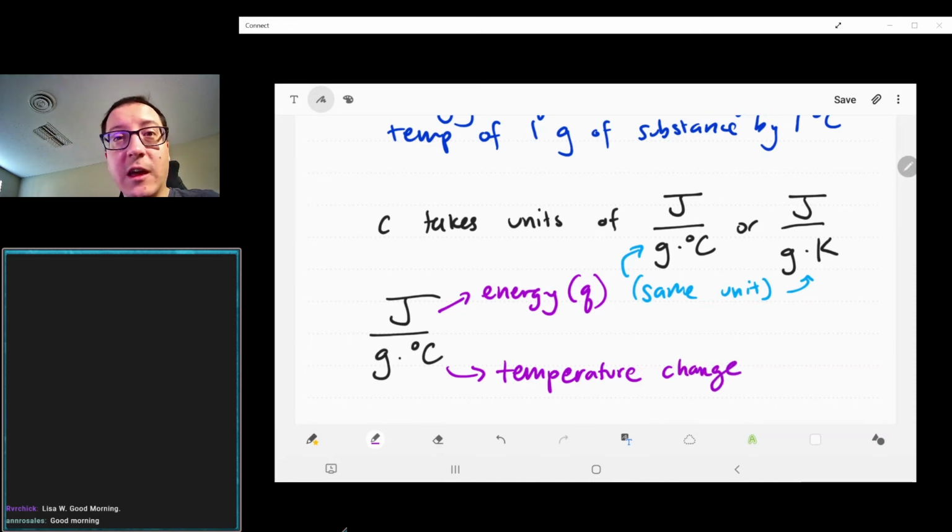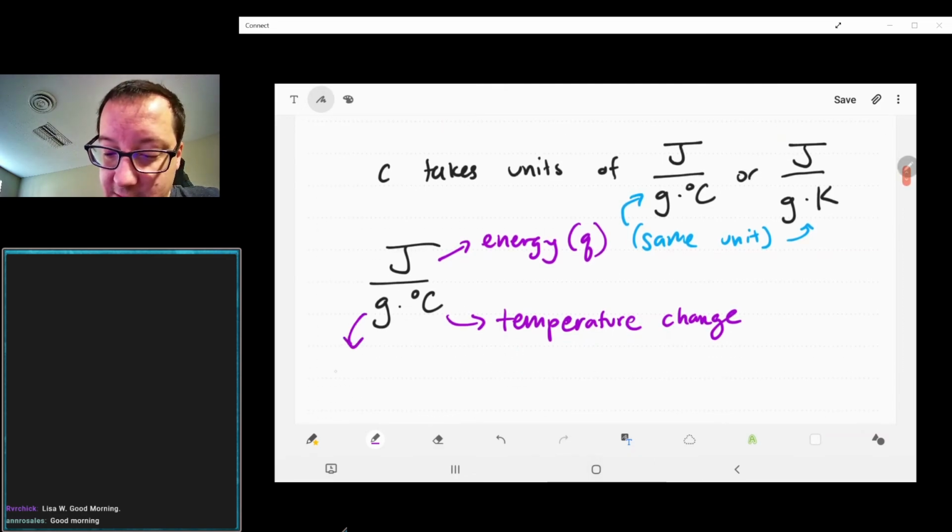So since we're talking about how much energy to change the temperature of something, we're dealing with temperature change for this. And of course, this is just a mass here.